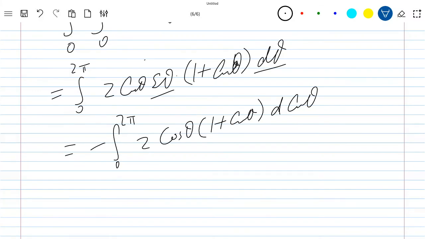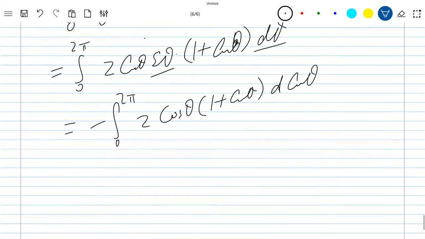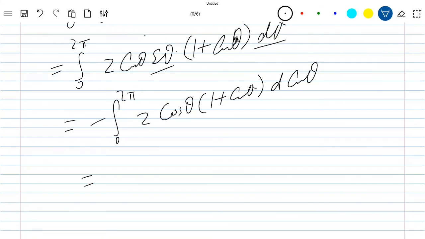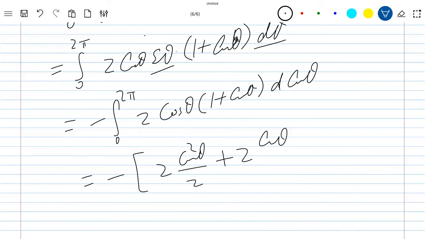Well, what is that? That's a bit strange. So you have negative, you have 2 cosine theta square over 2 plus 2 times cosine theta cube over 3. And then whatever you have, it will be gone because, you know, it's a periodic function, so that's 0.